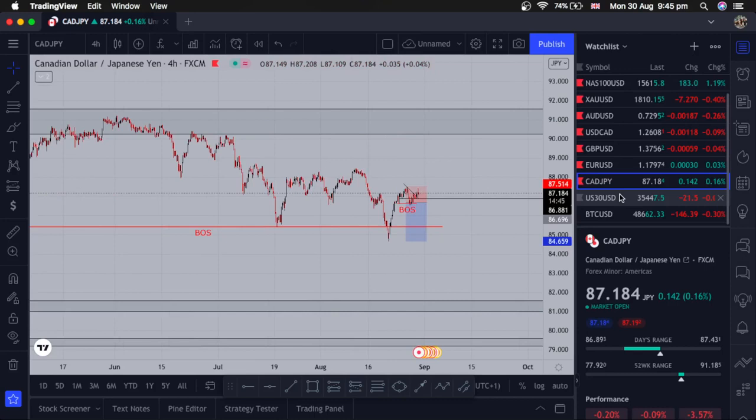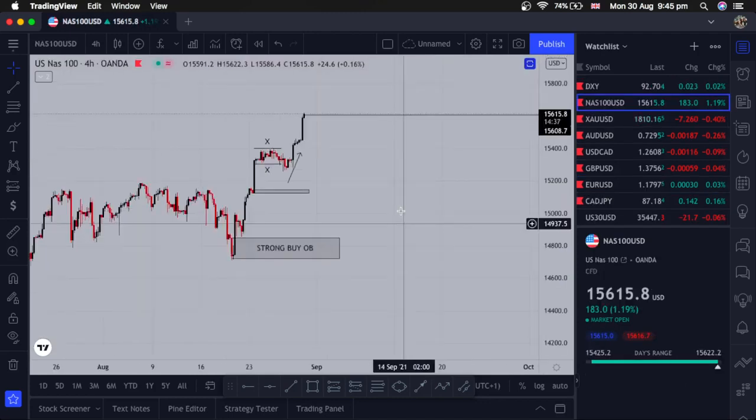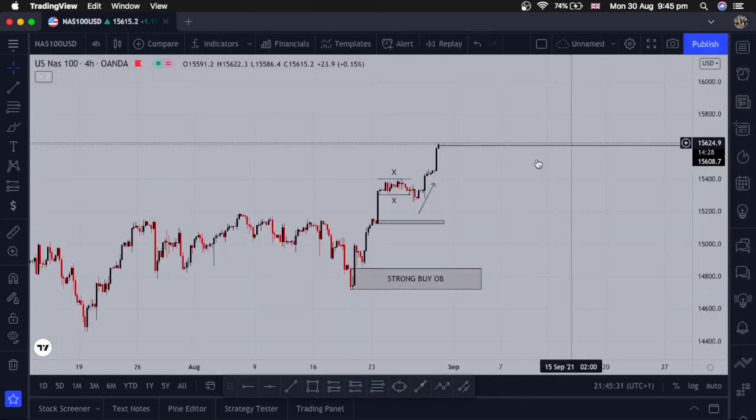I always check on Nasdaq every now and then just to see what's happening. As you can see, I keep my analysis. I'm not sure if smart money concept works on Nasdaq, to be fair.